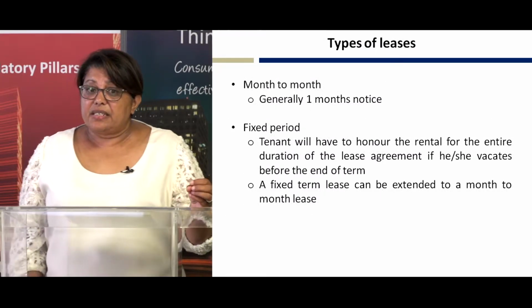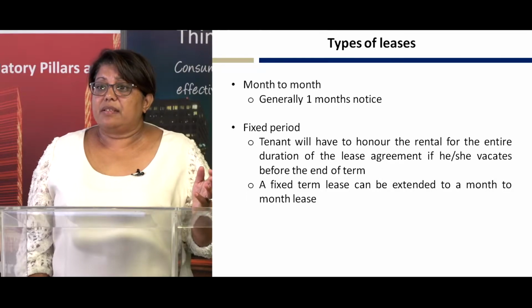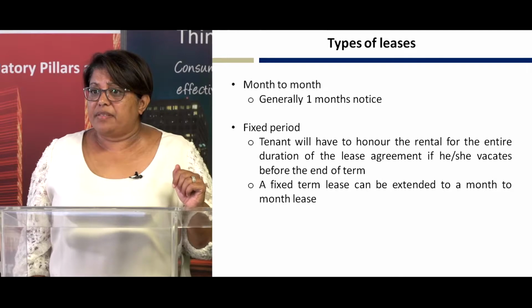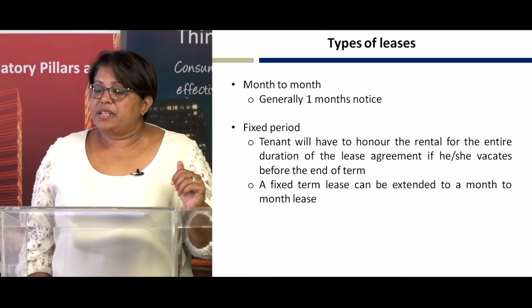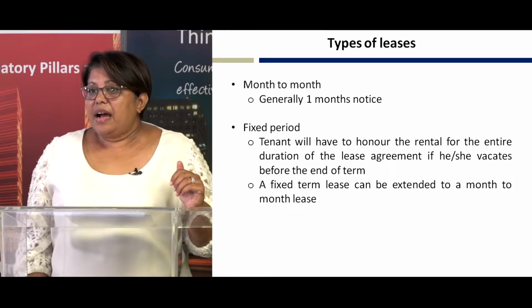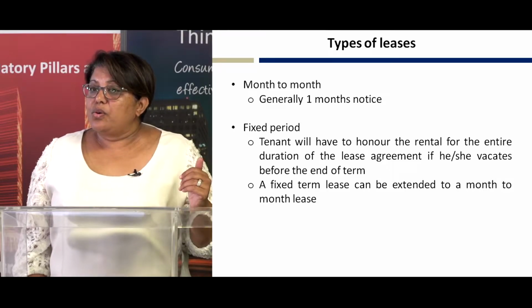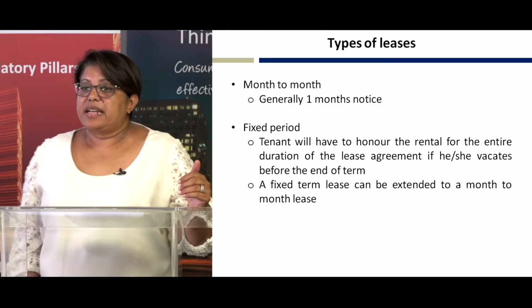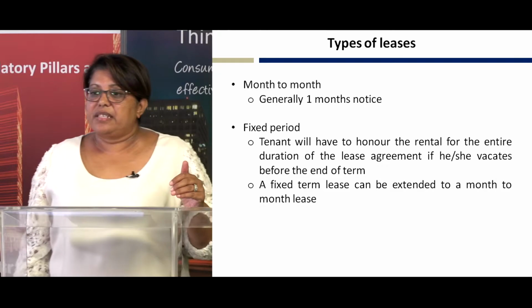The types of leases that you can get: a month-to-month lease, where generally the tenant or the landlord has to give 1 month's notice, or you could get a fixed period lease. If the tenant wishes to exit the lease prior to the fixed period, that tenant would be liable to honor that rental for the entire duration of the lease agreement.